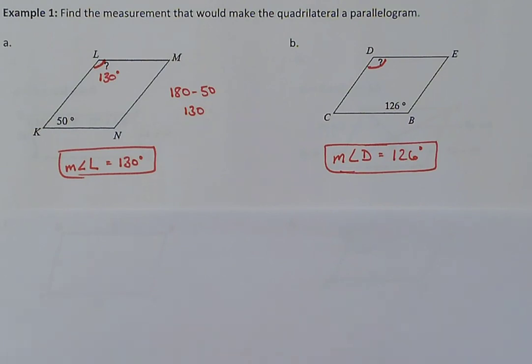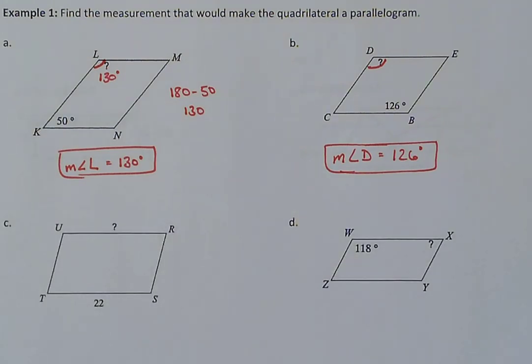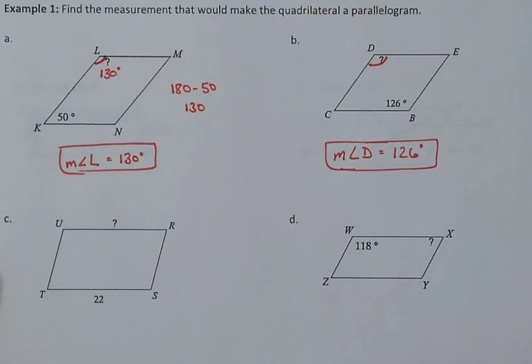All right, to finish up example 1, we have two more parts, C and D, that we need to go through and address, and then we'll move on to example 2. So if we look at C, they tell us that the side length TS is 22 units long, and we need to figure out how many units long UR needs to be, so that we have a parallelogram.